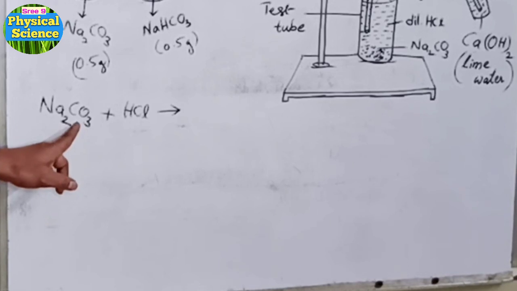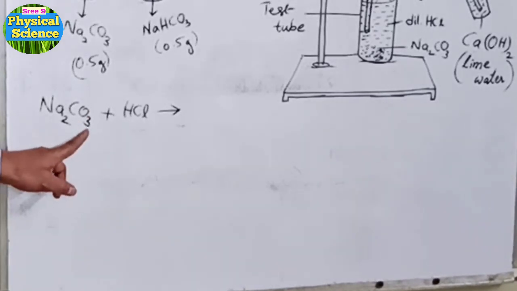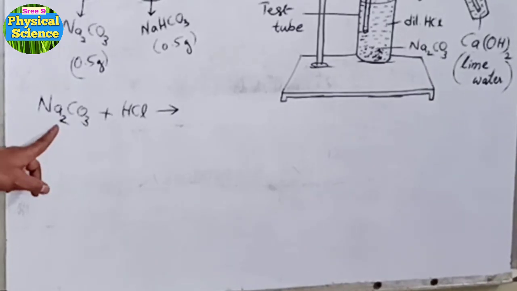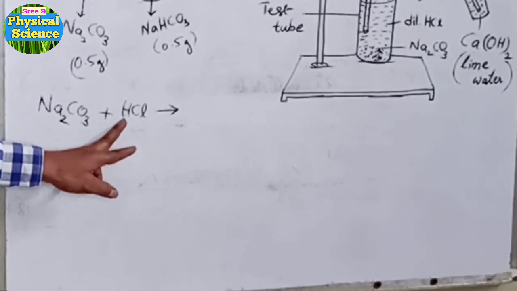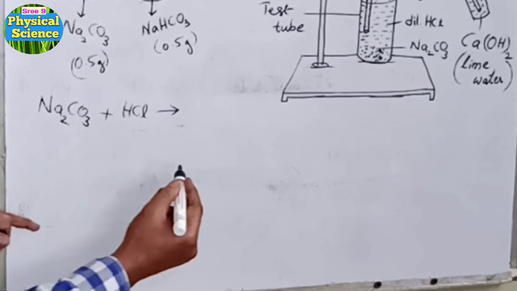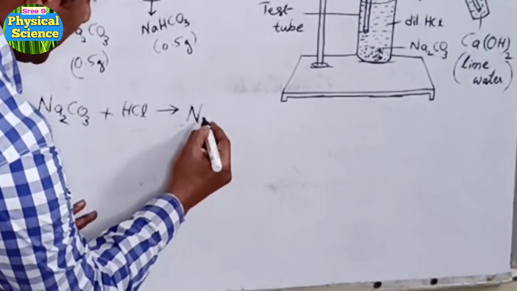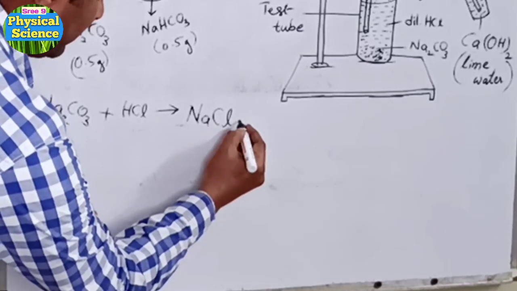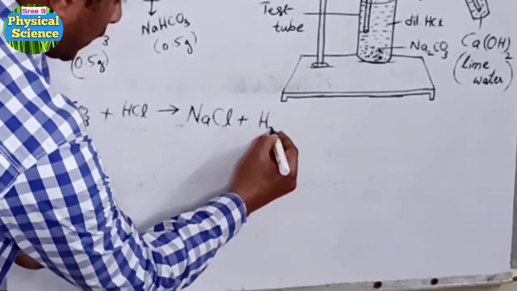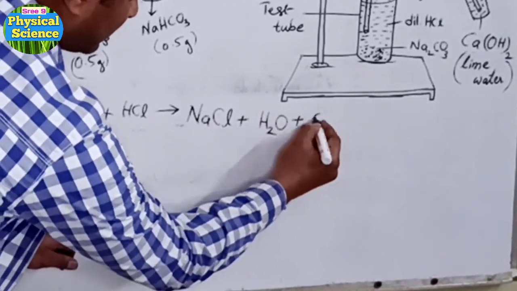Carbon dioxide is produced means CO3 is here, CO2 has gone, 1 O remains and 2 Na remain, here 1 H. Obviously chloride is there, sodium is there, hence the salt forms sodium chloride plus water plus carbon dioxide.